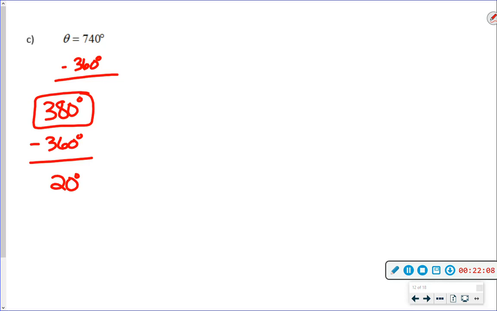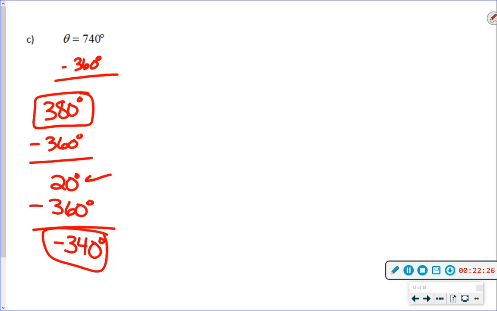You could take either of those, but I need to get to a negative. So just make sure if you have a very large angle that you subtract enough off to get down to a negative. Not that that's that hard, but it wants a positive. For your positive, you could have given me the 20. You could give me 20 and negative 340. I don't care. Okay.